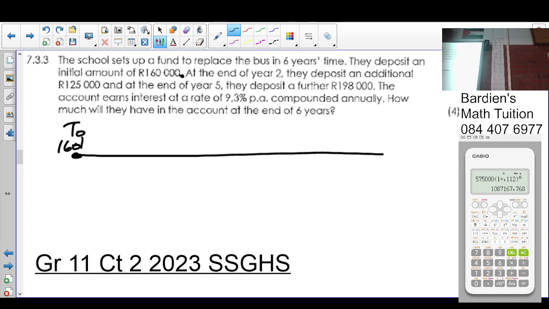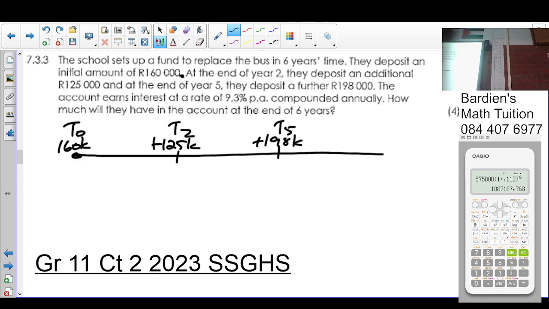Right, T0. Initial 160,000 deposit. Okay. At the end of year 2, that is T2, they deposit an additional 125,000. And at the end of year 5, T5, a further 198,000 rand is added.